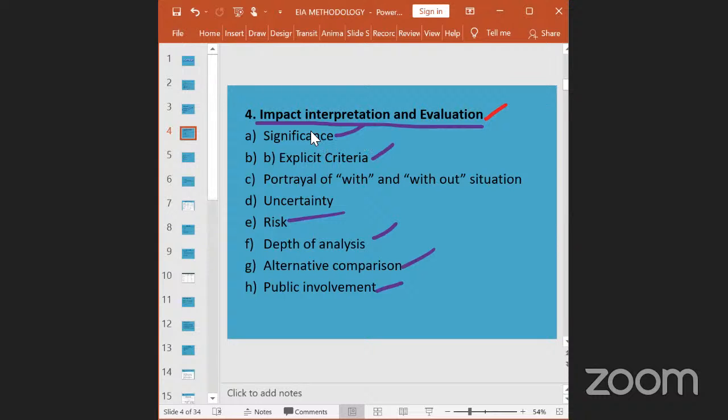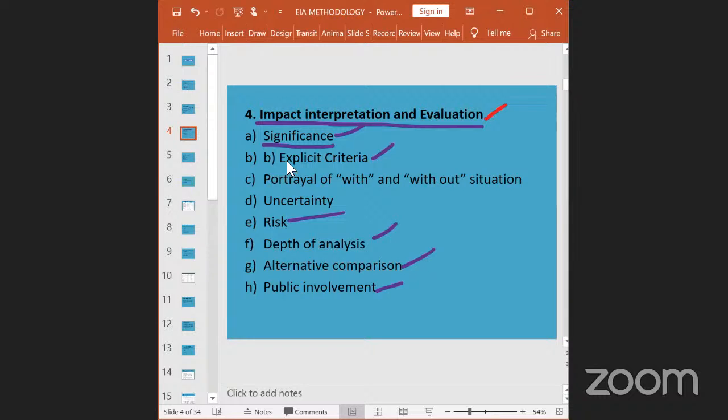So first one is significance. It should be able to assess the significance of major impacts on a local or regional and also national scale, right? So this is the significance methodology.